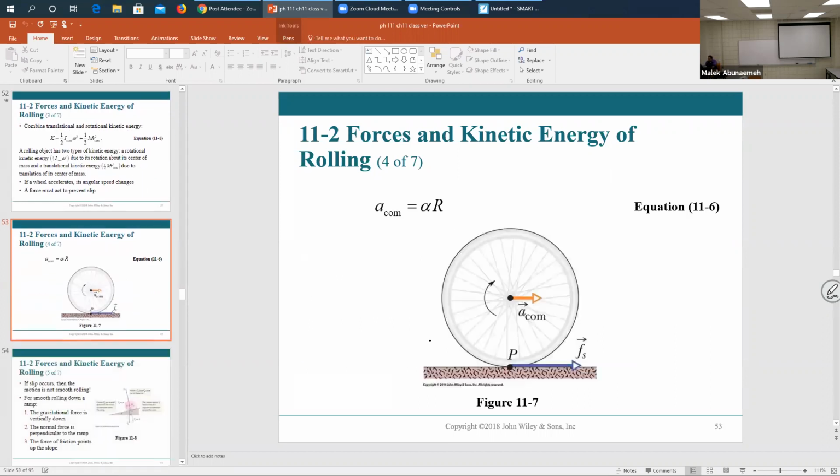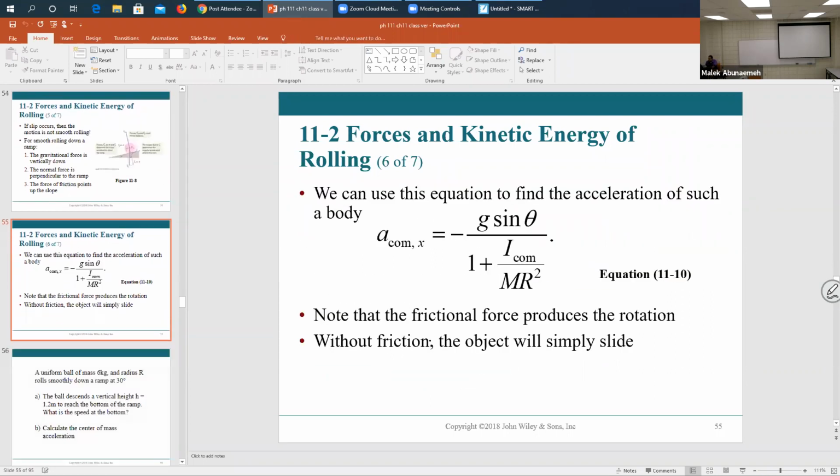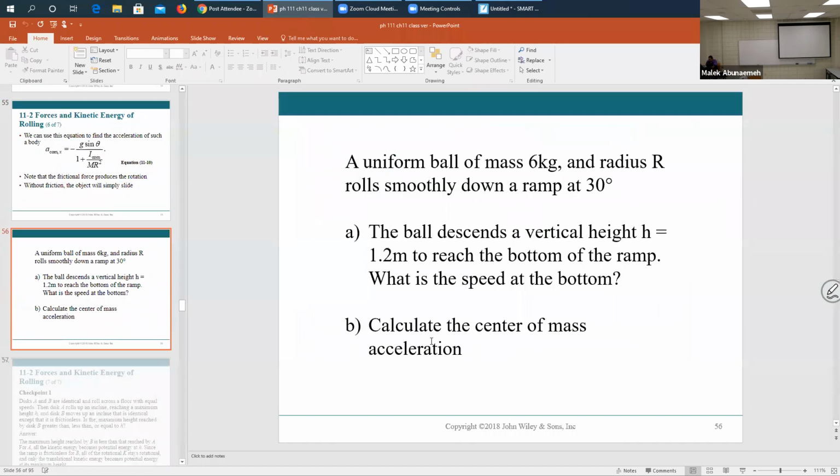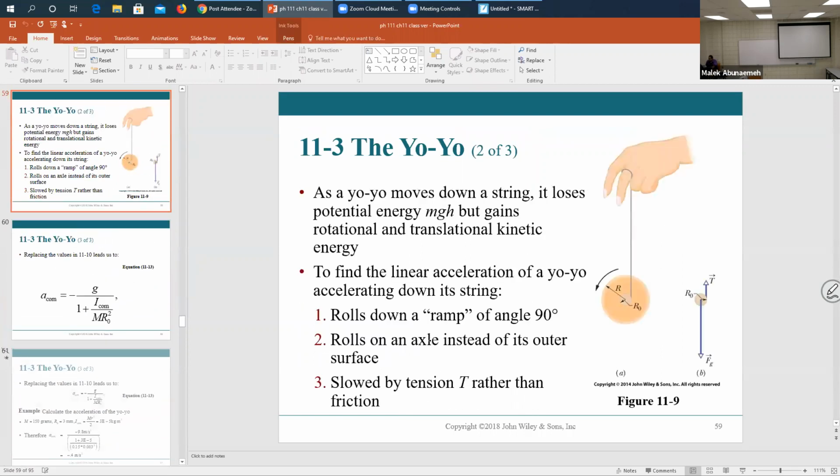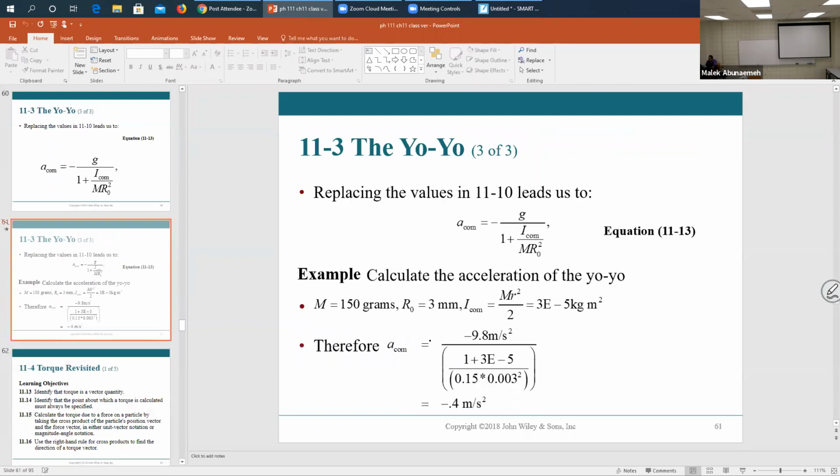Again, your A center of mass is alpha R, and we obtain the equation for the acceleration of the center of mass: g sine theta over 1 plus I center of mass divided by MR squared. Here's a question that you can actually do on your own.